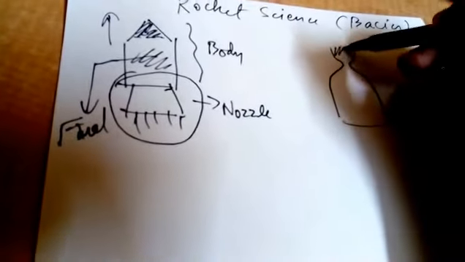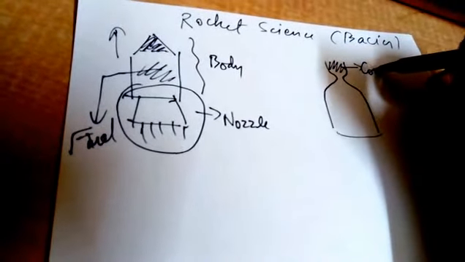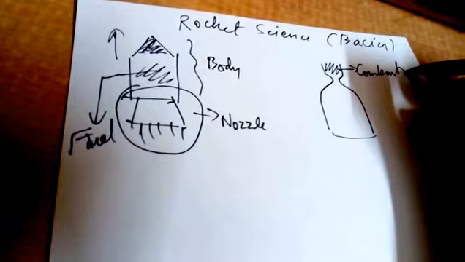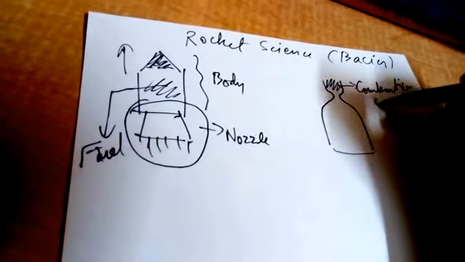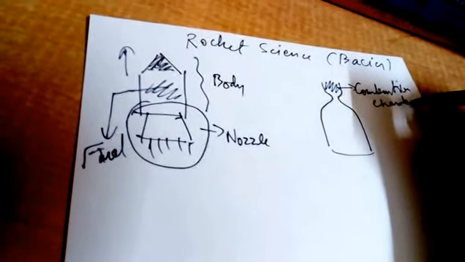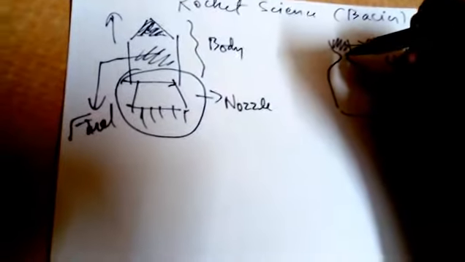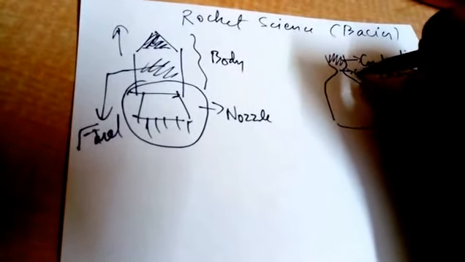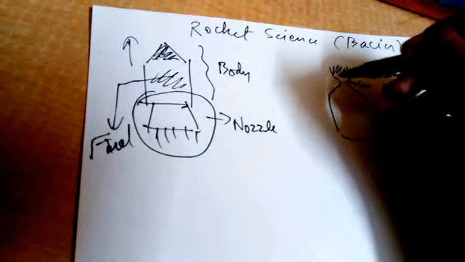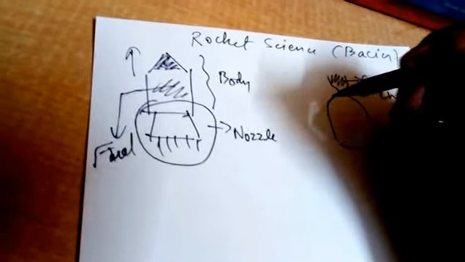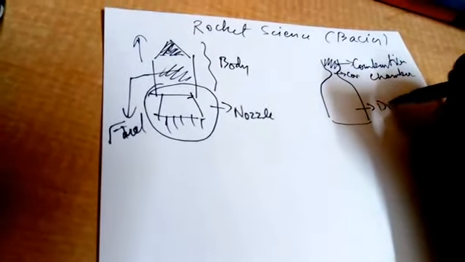This part here is the combustion chamber. This here is the converging part. Notice it converges here and then it diverges again from here. So this is the diverging part.